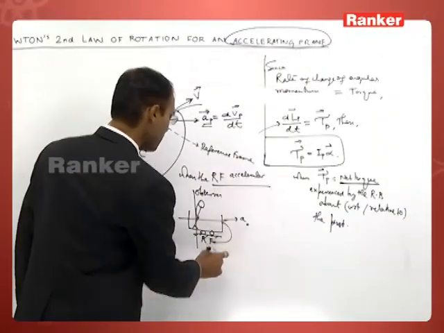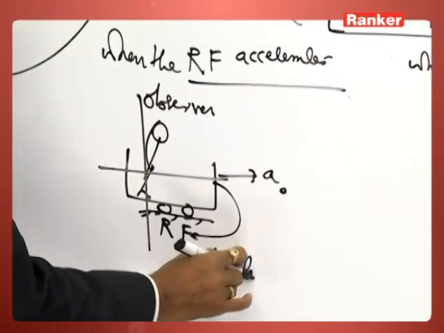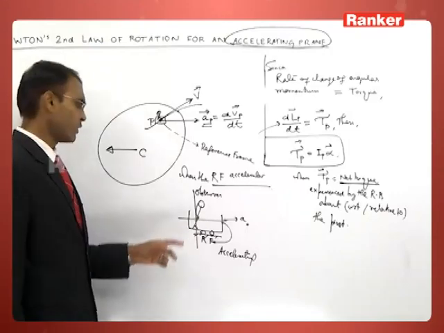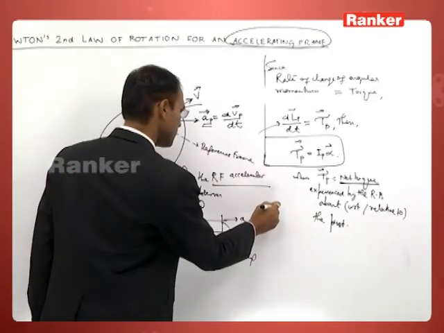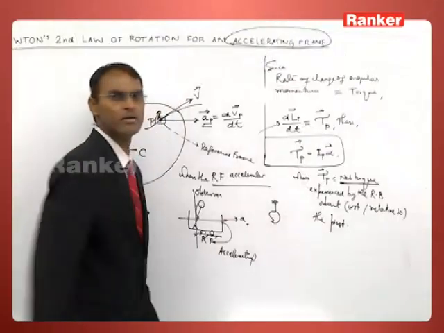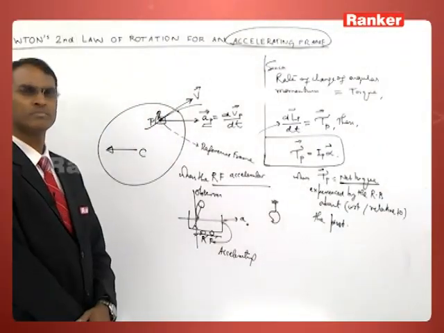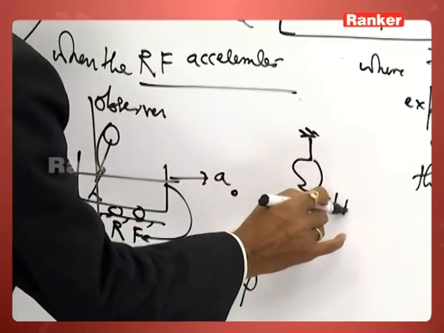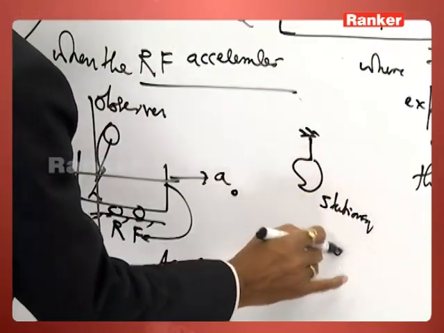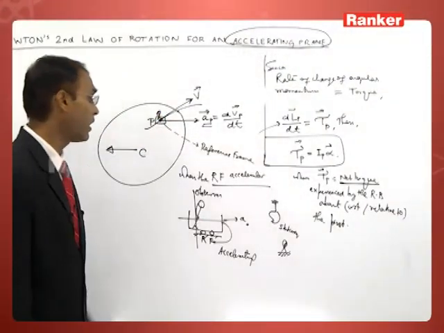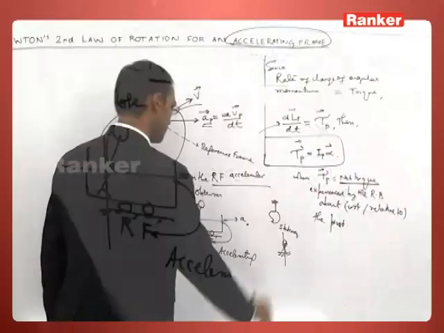The reference frame is an accelerating reference frame. So when you are viewing an object, say a hanging mango, this mango is stationary with respect to the ground person, ground observer or ground reference frame.